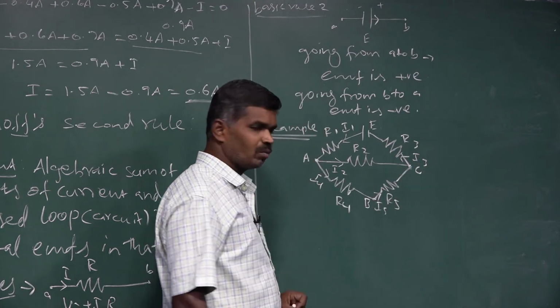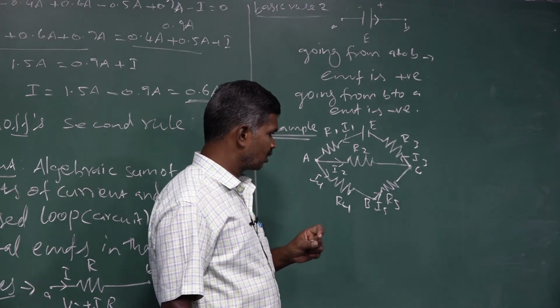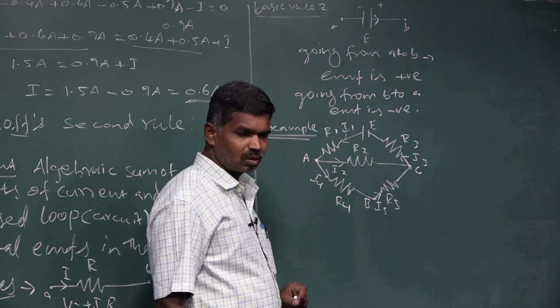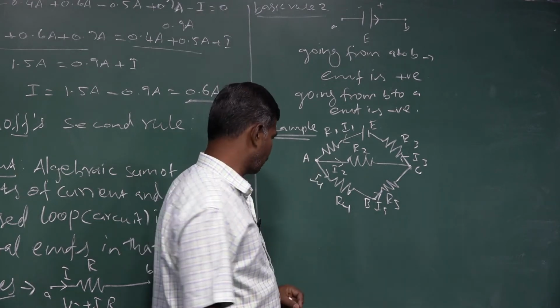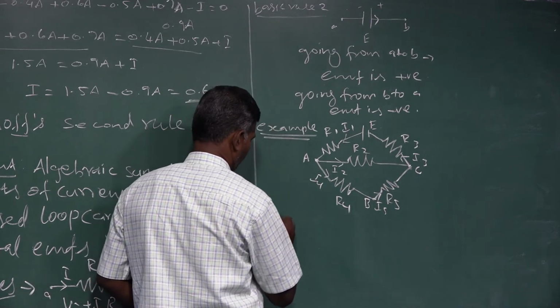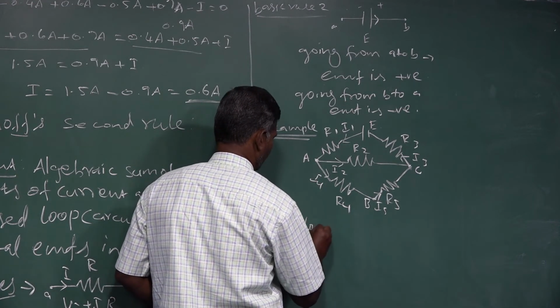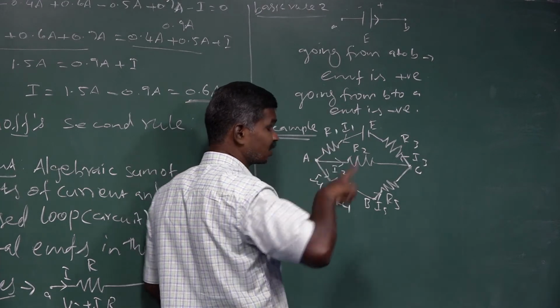So for this diagram, we are going to apply Kirchhoff's second rule. It is the loop rule, so we apply it to the loop. You have to tackle the movement direction very carefully.